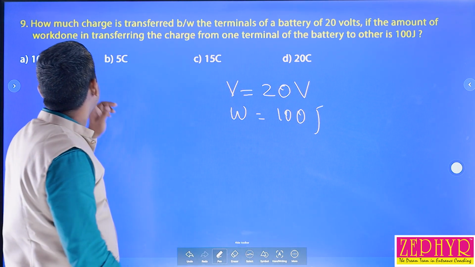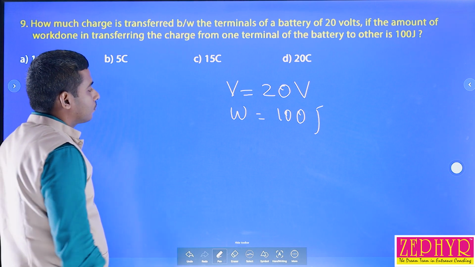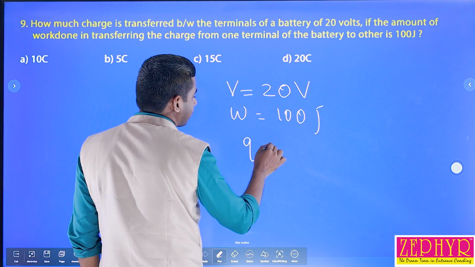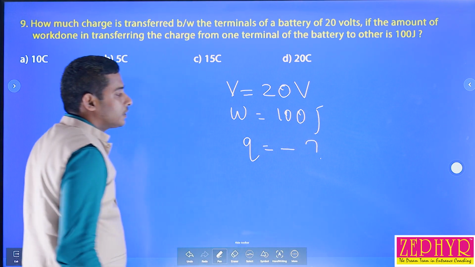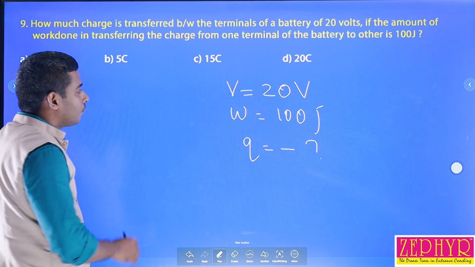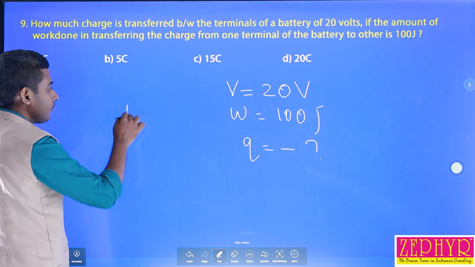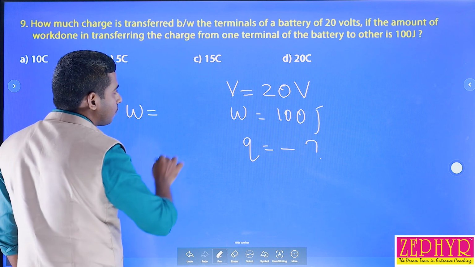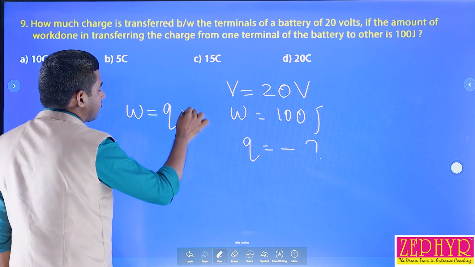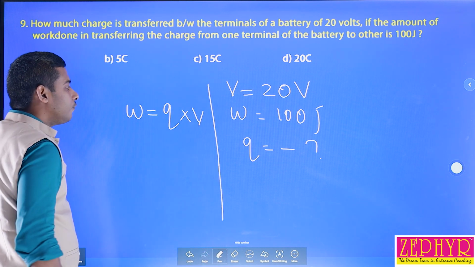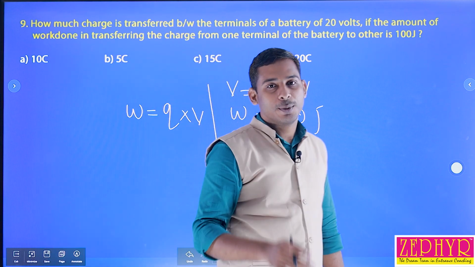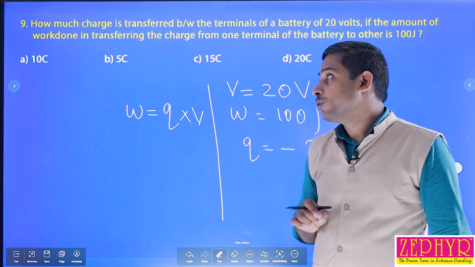Okay, we have to find what? Q. We have to find Q. So we had the equation W equal to Q into V. What was our equation? W equal to Q into V.